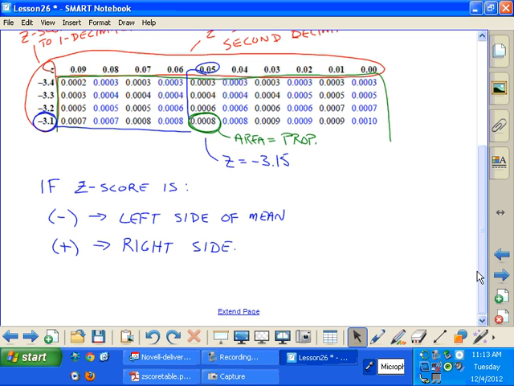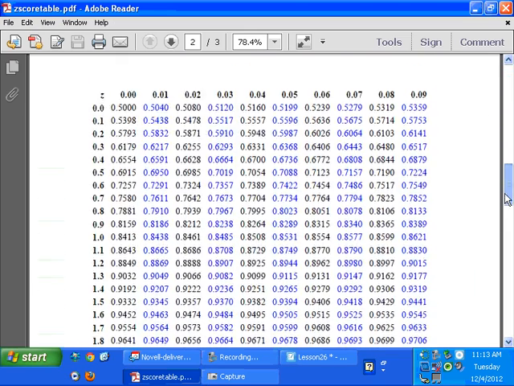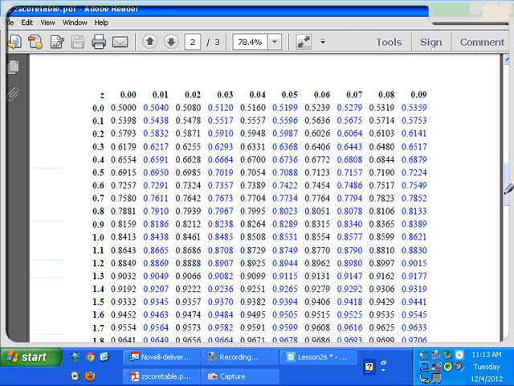So then, if I want to go back to the Z-score table for a second, we'll be calculating a Z-score value. So let's see if I can write on here. If I calculate my Z-score to be, let's go with 0.56, that means I need to find 0.5 on my chart. So looking down the Z-score table, here's my 0.5. The second decimal comes from across the top.